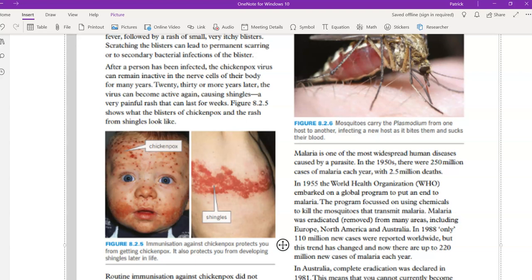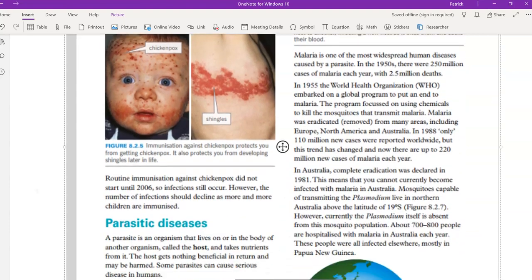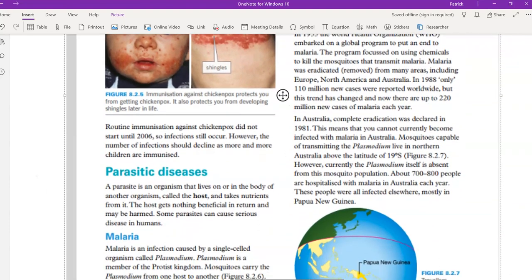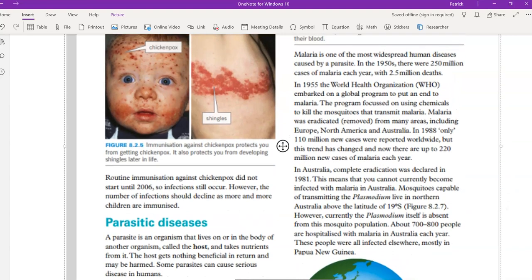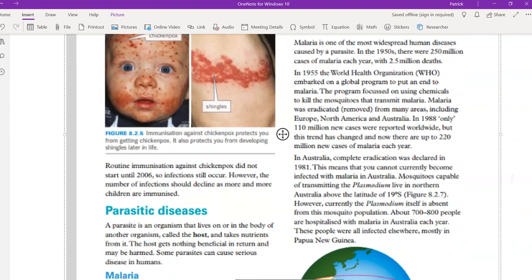You can see the similarity between shingles and chickenpox, right? The virus has become active again. Now, routine immunisation against chickenpox did not start until 2006, so you are all immunised against it. I wasn't immunised against it when I was young, and hence I did get chickenpox when I was young.